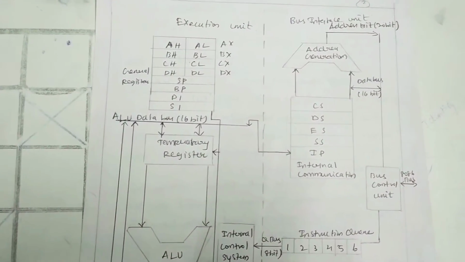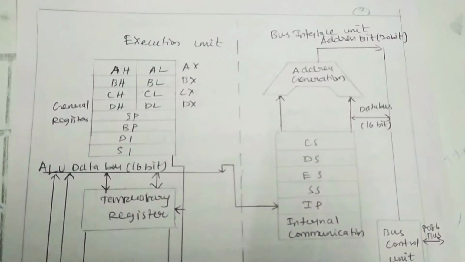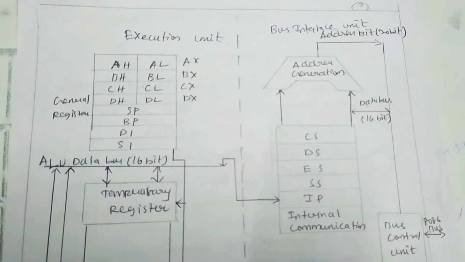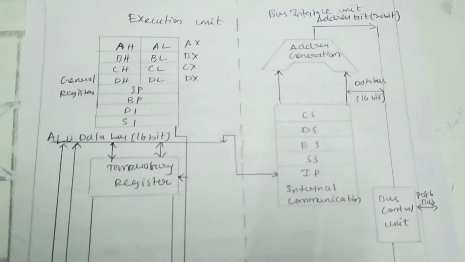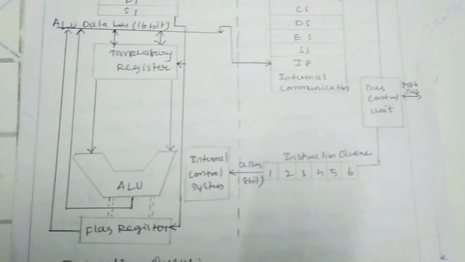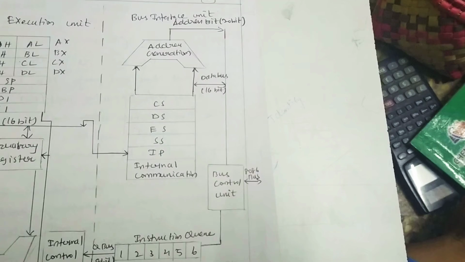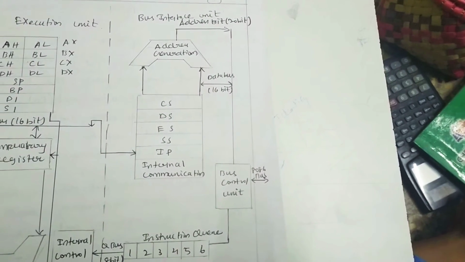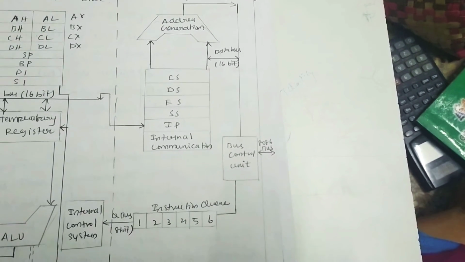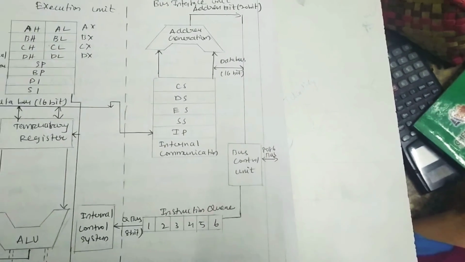It has general registers, a temporary register, an ALU, and flag registers. In the bus interface unit there are segment registers, the instruction queue, and the address and data bus.